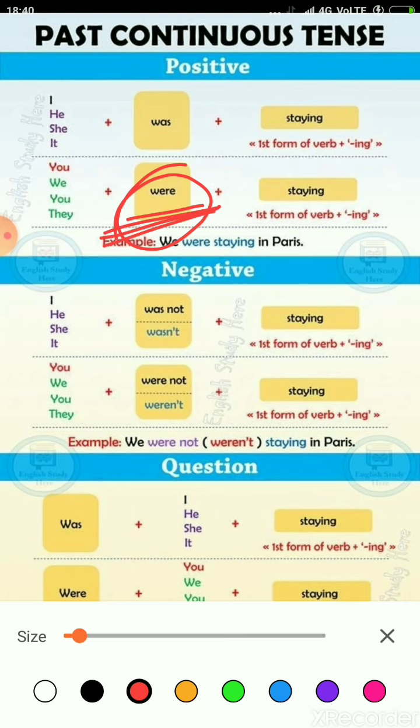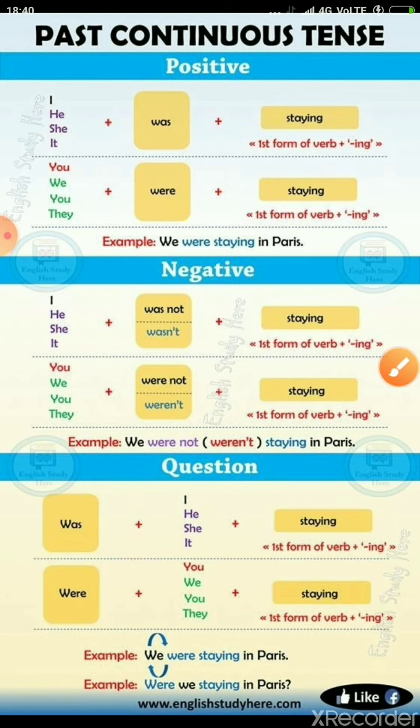"Where" is not the word here. You understand? Was and were. Please understand the difference.